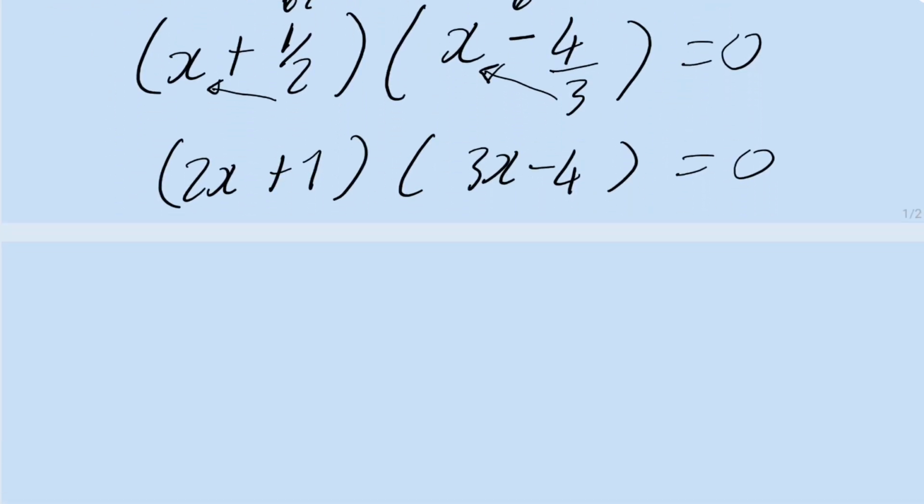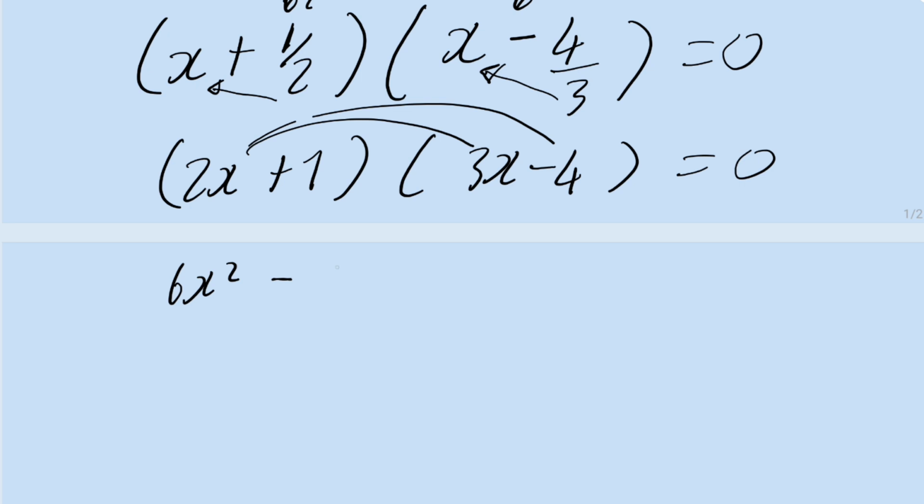Now I'll expand it for you to see how this is just a simple method to see how we can get back to it. We have 2x times 3x gives us 6x squared. 2x times negative 4 will give us negative 8x. 1 times 3x will give us plus 3x.